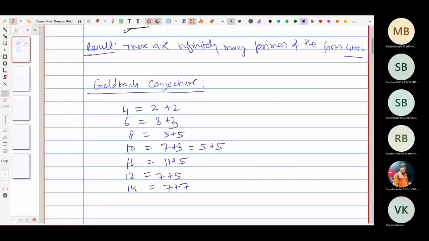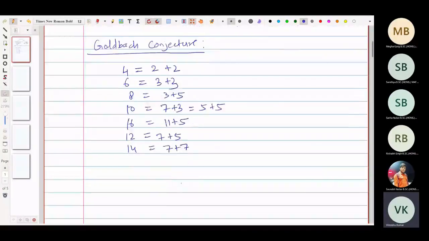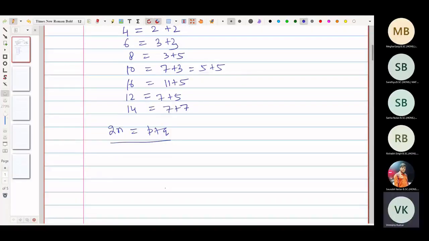So based on this pattern, Goldbach conjectured that any even integer like this can be written as the sum of two primes. The two primes p and q may be the same; there is no harm in assuming that.